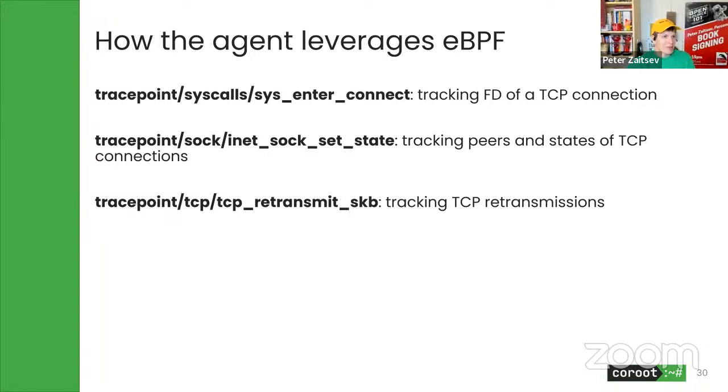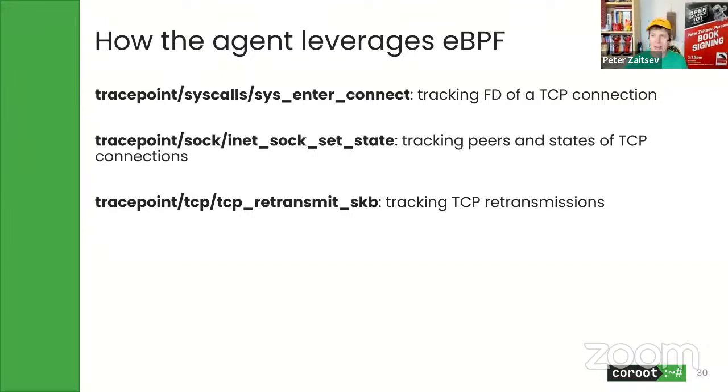Here are a couple of other ideas. We're using a tracepoint to track connection start, so we can see how many connections are created and where those connections are pointing. You can see their latency, the traffic, the retransmits of those connections, and so on. Together with understanding which processes are listening on which ports, that allows you to see the map of what is talking to what.